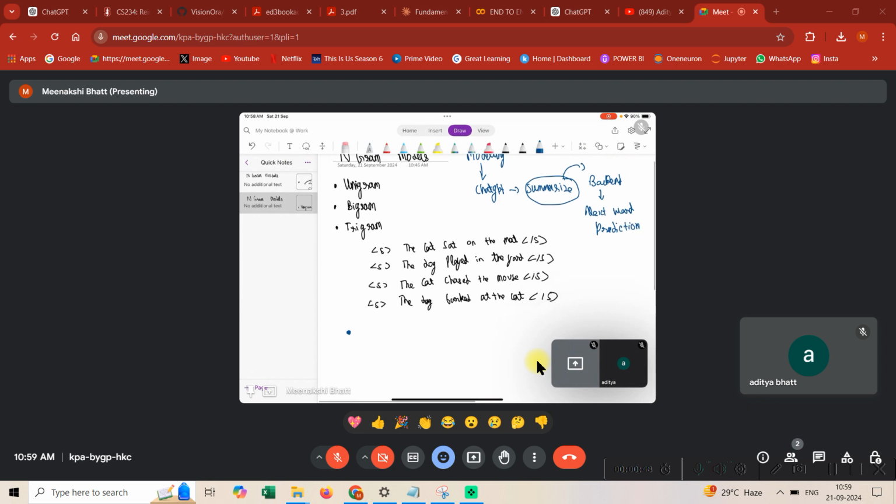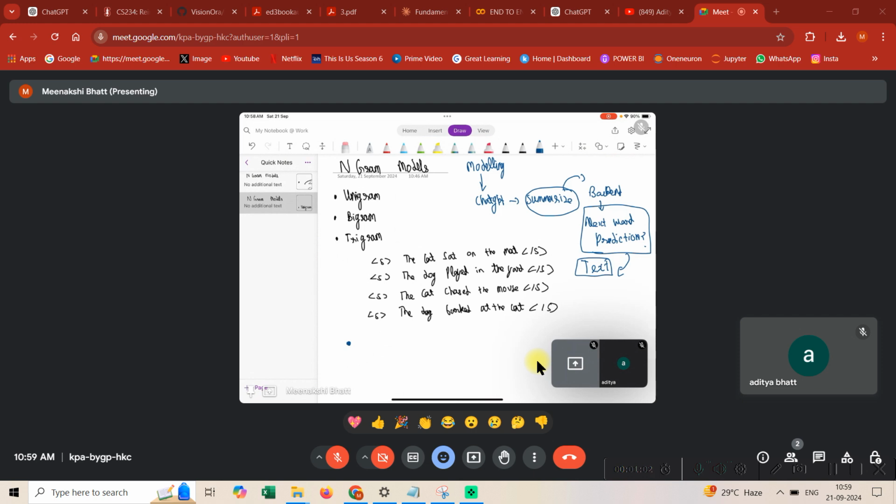And essentially we'll also be focusing on this only, that is next word prediction. Based on the text that is given to you, you need to predict the next word. That's the simple thing, and on those lines only, n-gram models are also there.